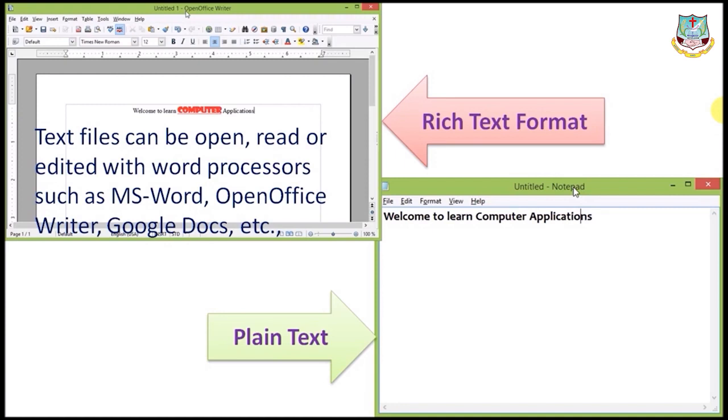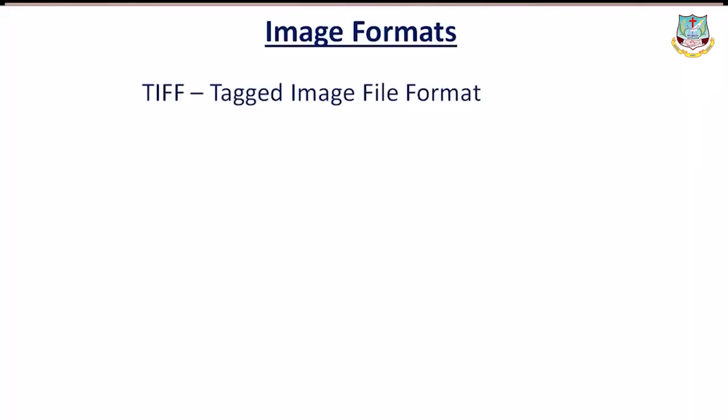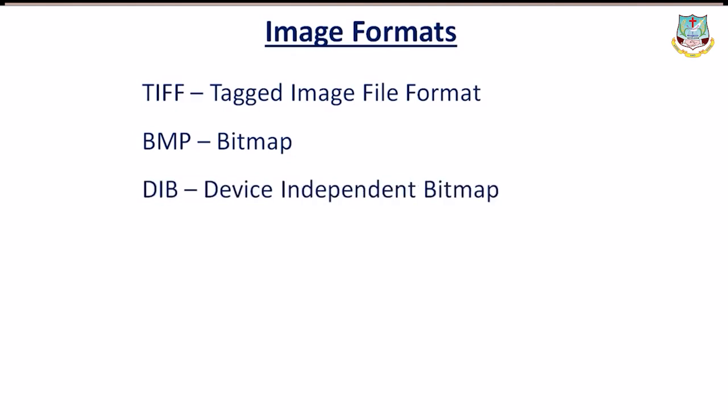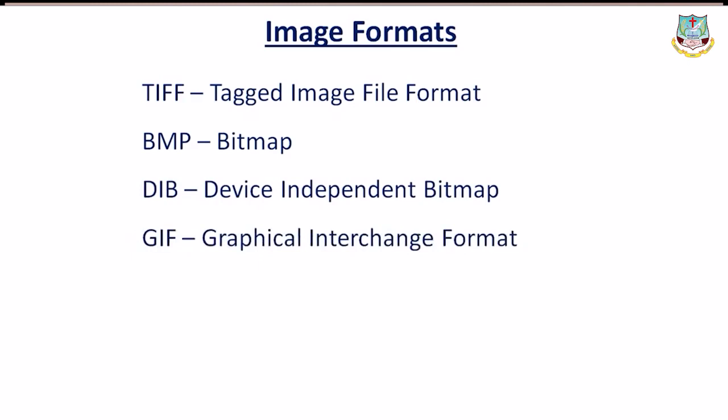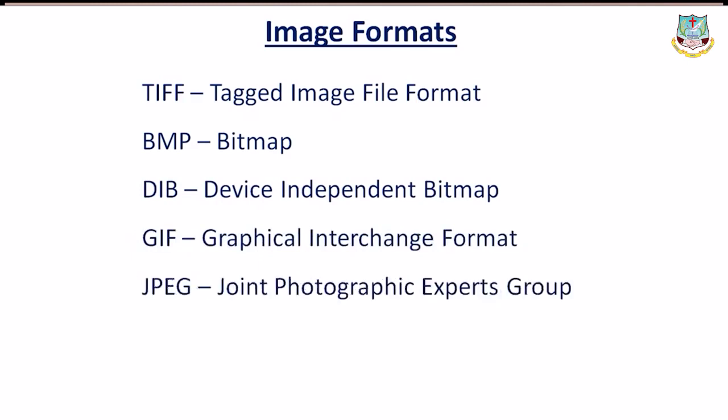Next, after the file format for text, we are going to see the file formats of images. Okay, for images we have TIFF, that is Tagged Image File Format. Next one is BMP, which we have seen already, bitmap image. Next one is DIB, that is device independent bitmap.